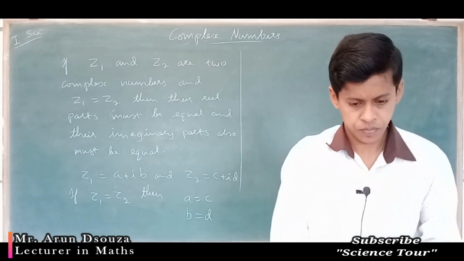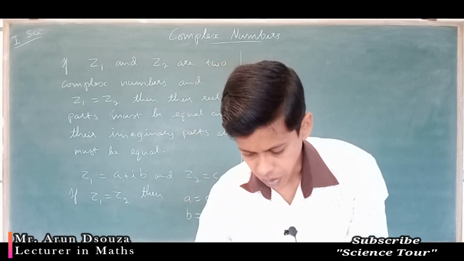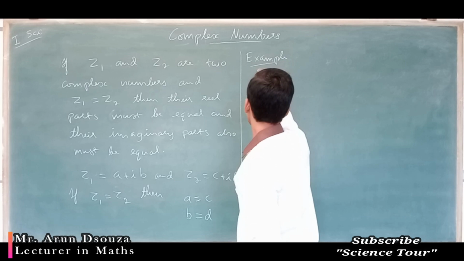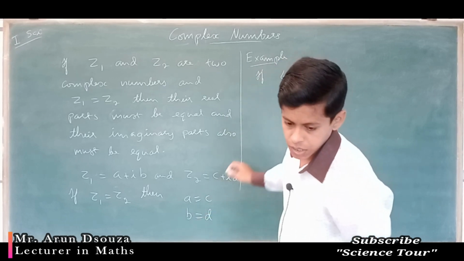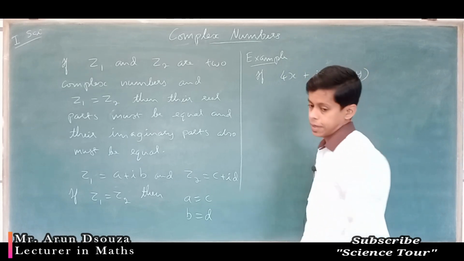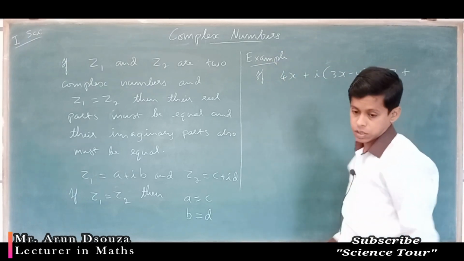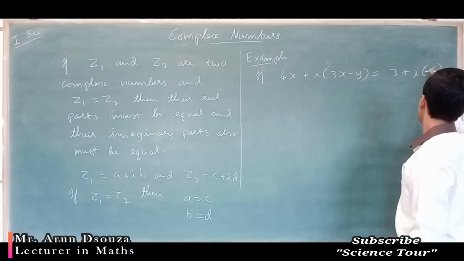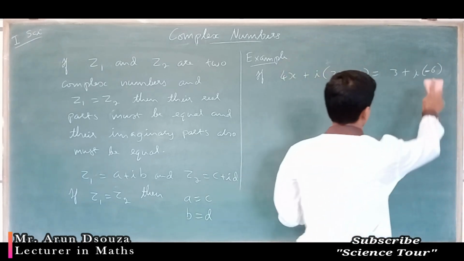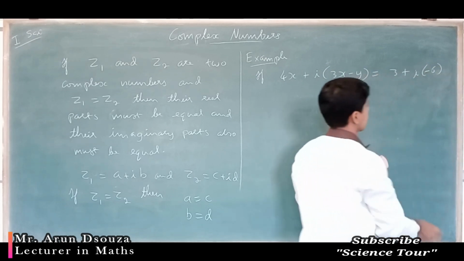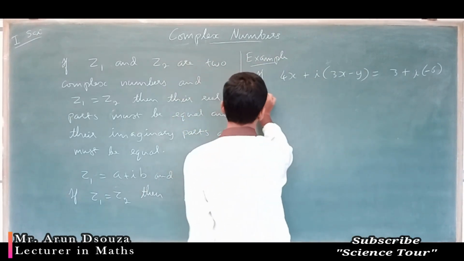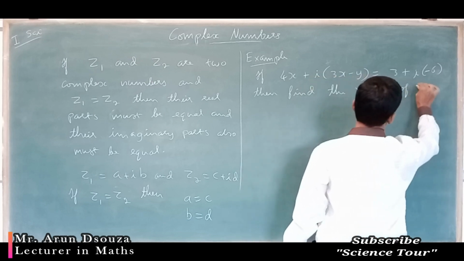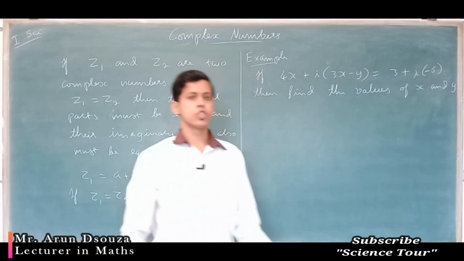Consider one example. If 4x plus i into (3x minus y) is equal to 3 plus i into (minus 6), then find the values of x and y.